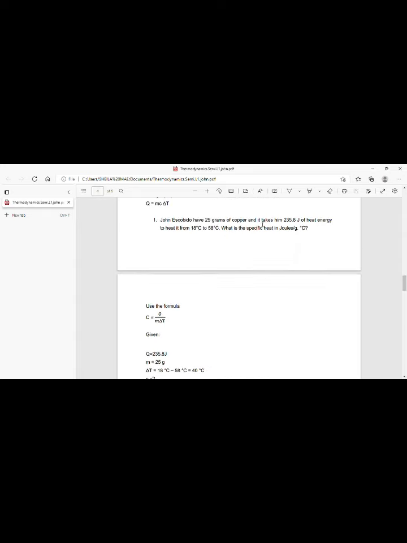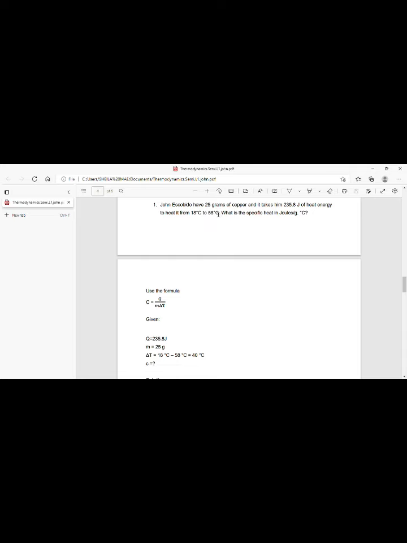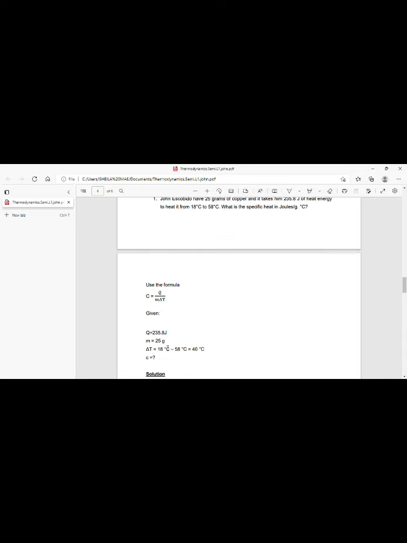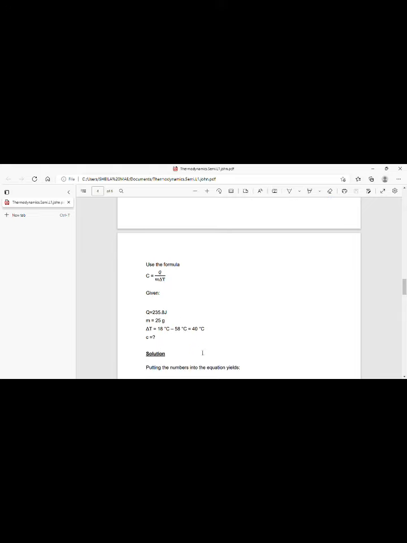The mass is 25 grams, and the delta T is the final temperature minus the initial temperature. And the answer is our delta T, which is 40 degrees Celsius.